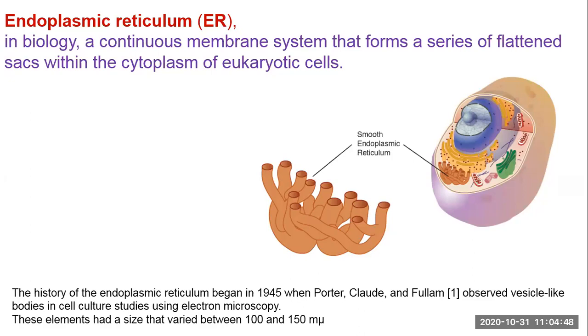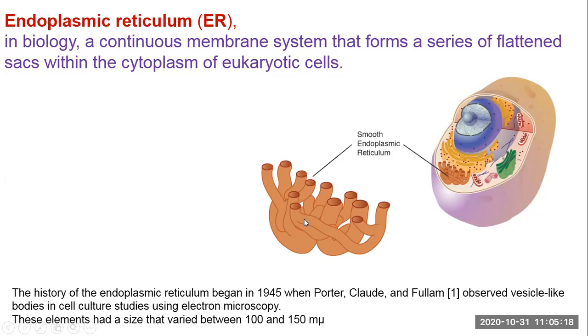Or sac. Okay, you can see in this picture also. Here you can see with the ribosomes, which is the flattened-like structure. So this is a cisternae. Number second, you can see in this picture a SER, smooth endoplasmic reticulum, which looks like a tube.